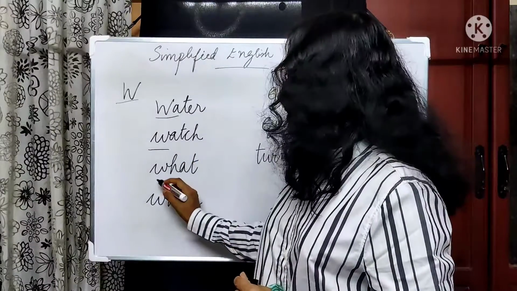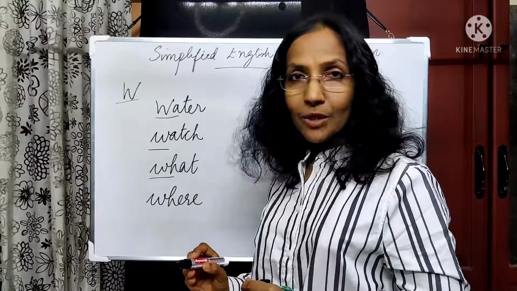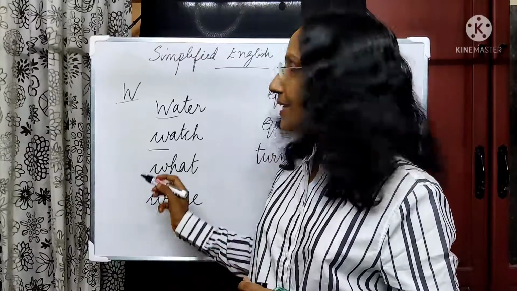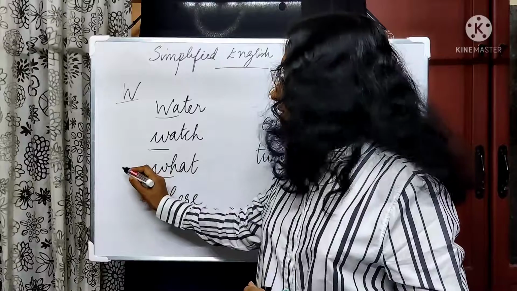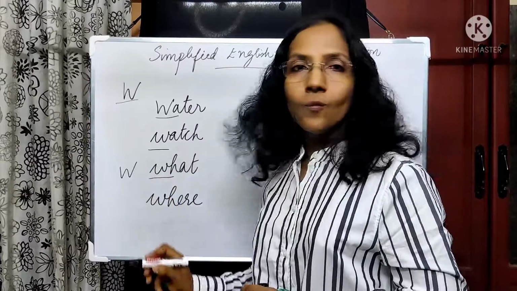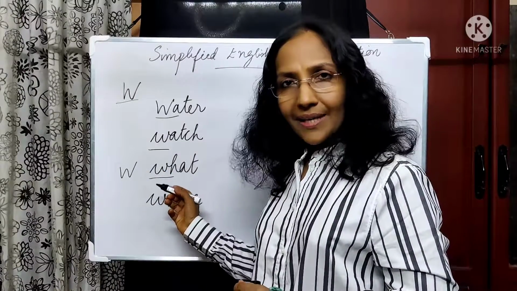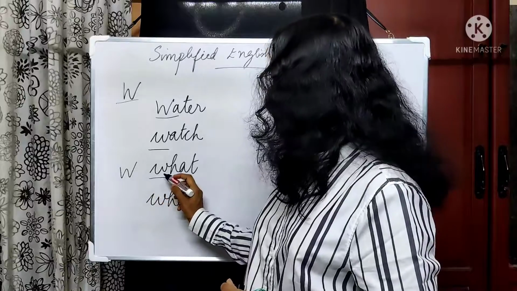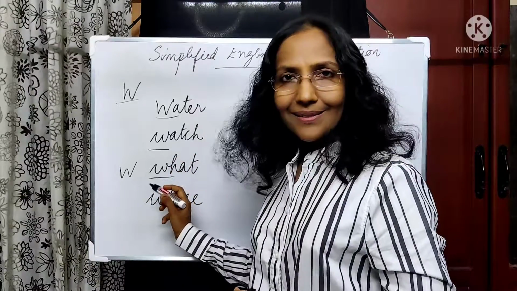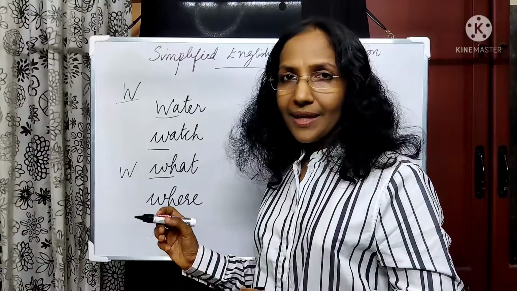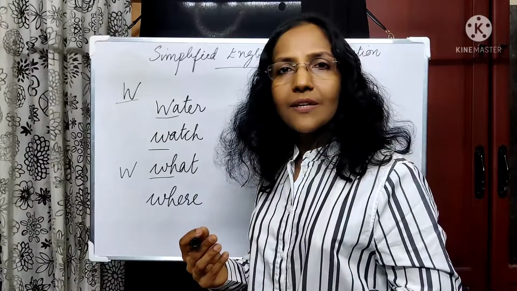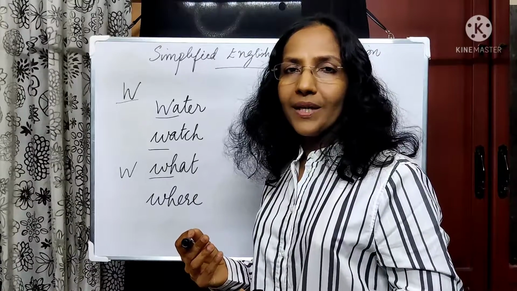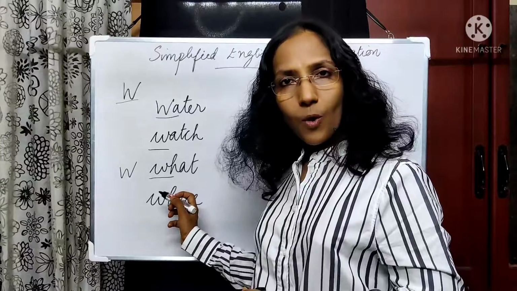Next it is again a WH word, but the sound is W. And that's the realization of the sound for the alphabet cluster. It's WH and it produces the sound W, as in what.